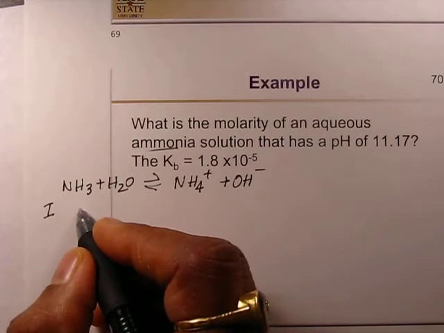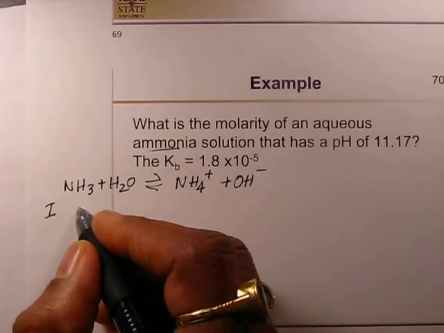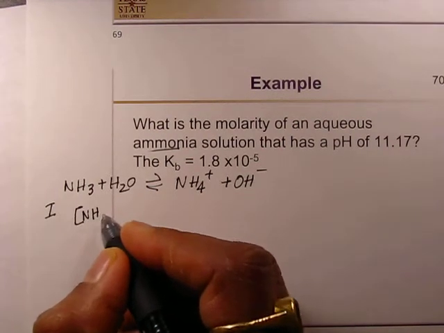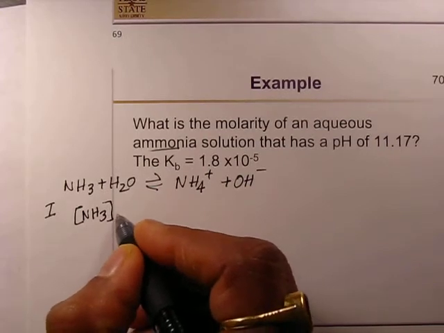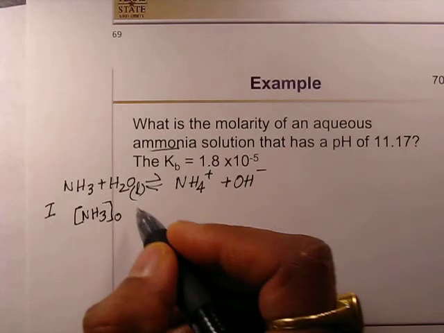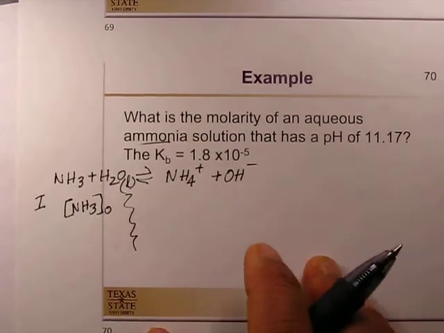We have to find the molarity of the ammonia concentration. We do not know the ammonia concentration right now, so I will write it like this, and 0 means initial concentration. Since water is a liquid and a solvent, it will not take part, so I will just drag it.